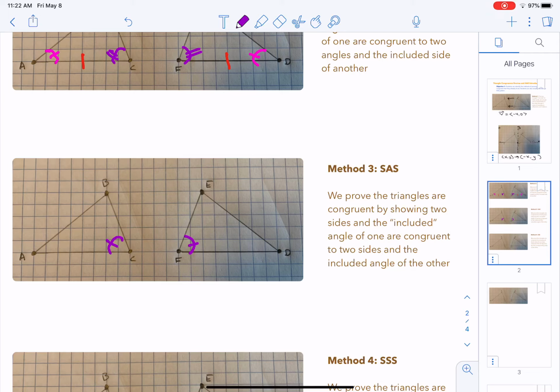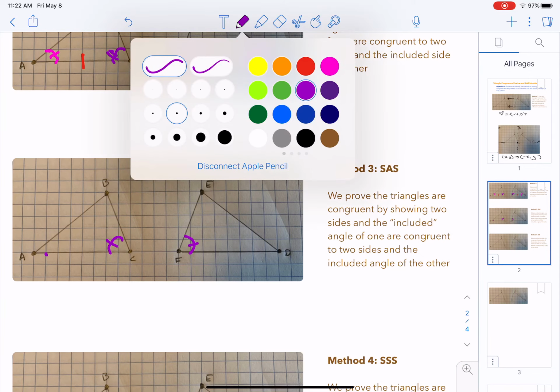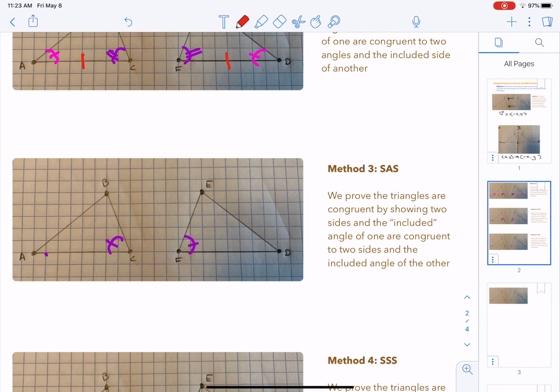I mean, look at these, they're on graph paper. Segment AC right here is going to be 8 units long, okay? And segment DF is also 8 units long. And we know then that this segment is congruent to this segment.